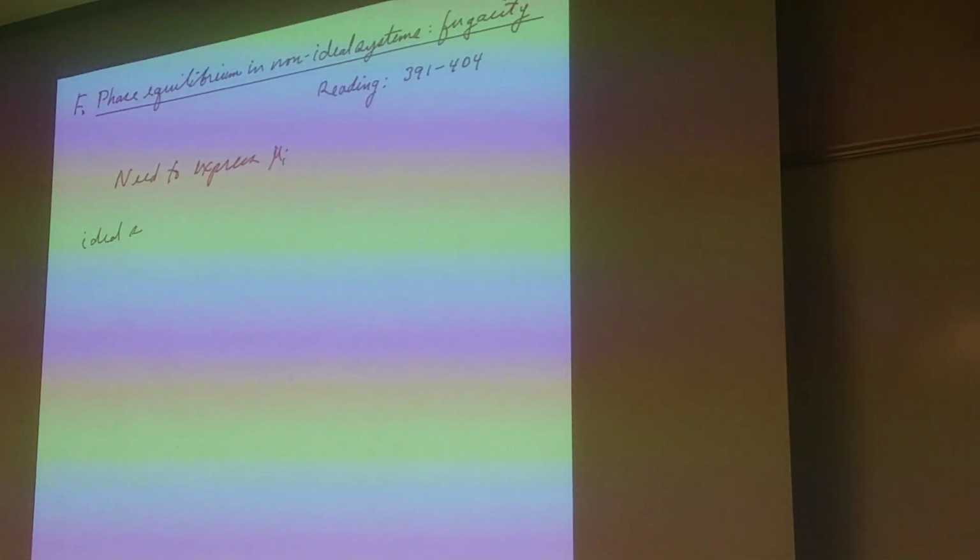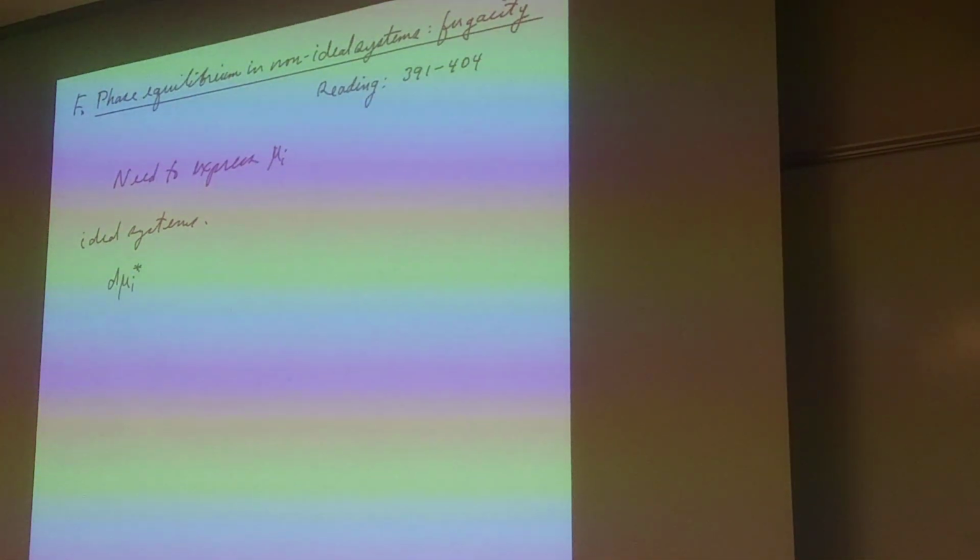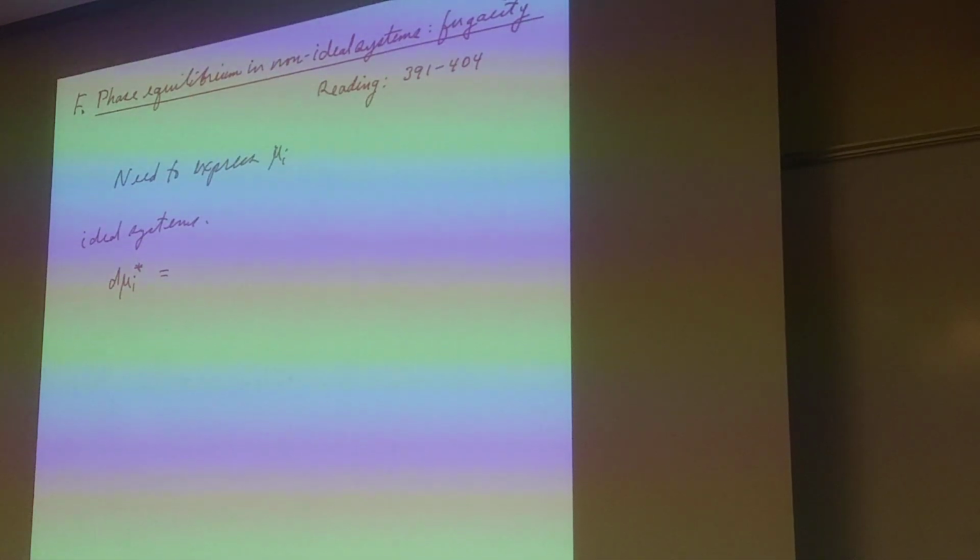For ideal cases, we can write the expression here for d mu_i, and if we're going to let it be ideal gases here, let's remind ourselves of that fact. This is all at constant temperature.